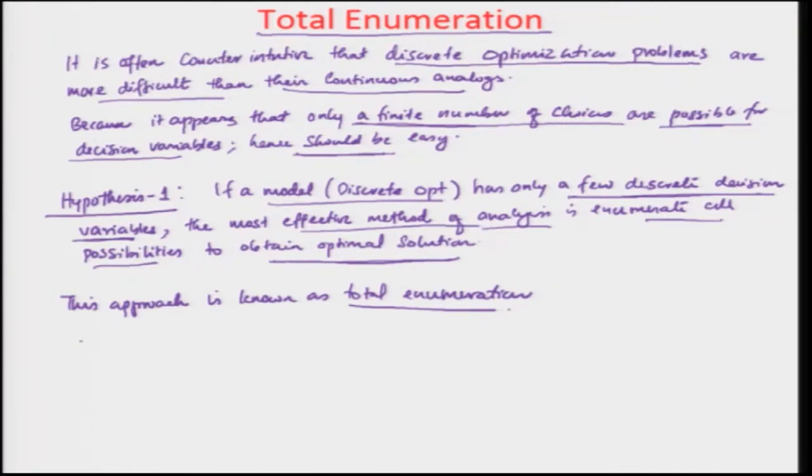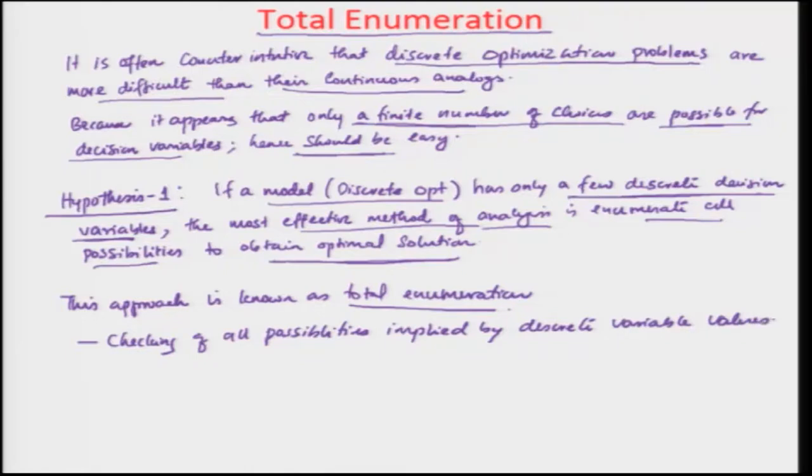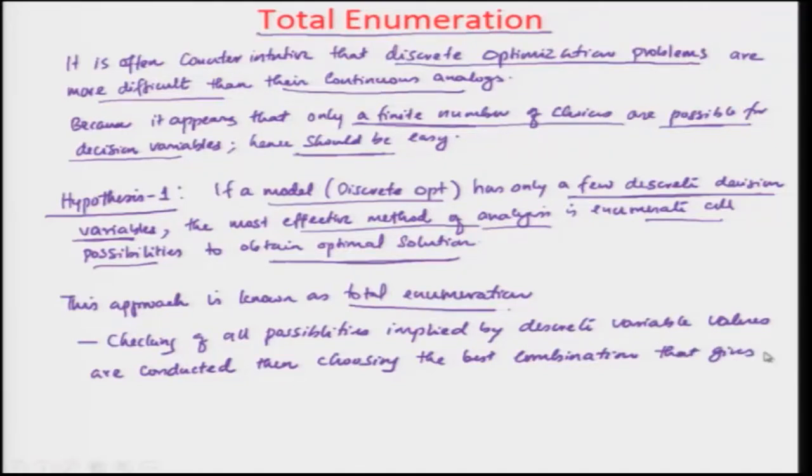Total enumeration is defined as checking all possibilities implied by the discrete variable values, and then choosing the best combination that gives the best objective function value.